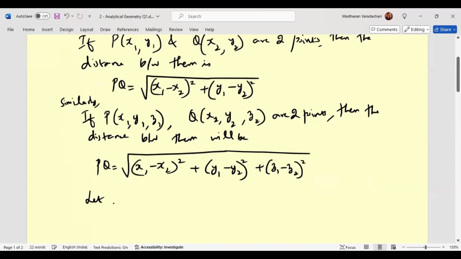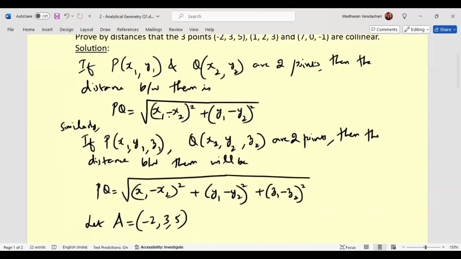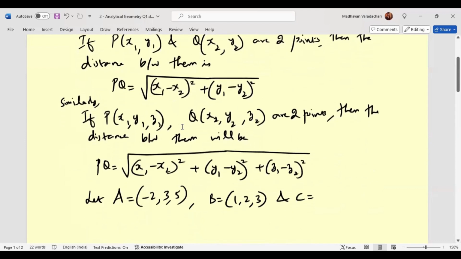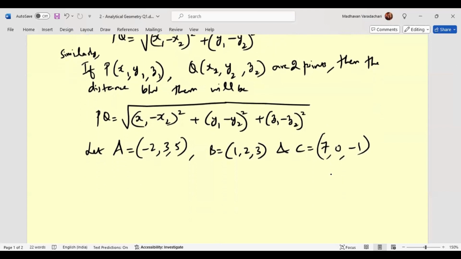So on that basis, let us first consider these points to be A, B, C. Let A equal to (-2, 3, 5), B equal to (1, 2, 3), and C equal to (7, 0, -1). Now let us find out the individual distance.